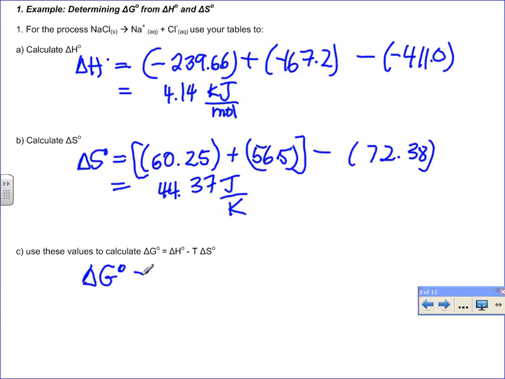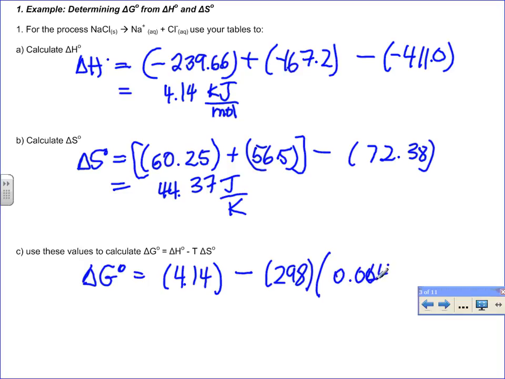So now we're going to calculate delta G naught from that by taking our delta H and subtracting 298 times the change in entropy, and the change in entropy, you'll notice I changed it to 0.04437.